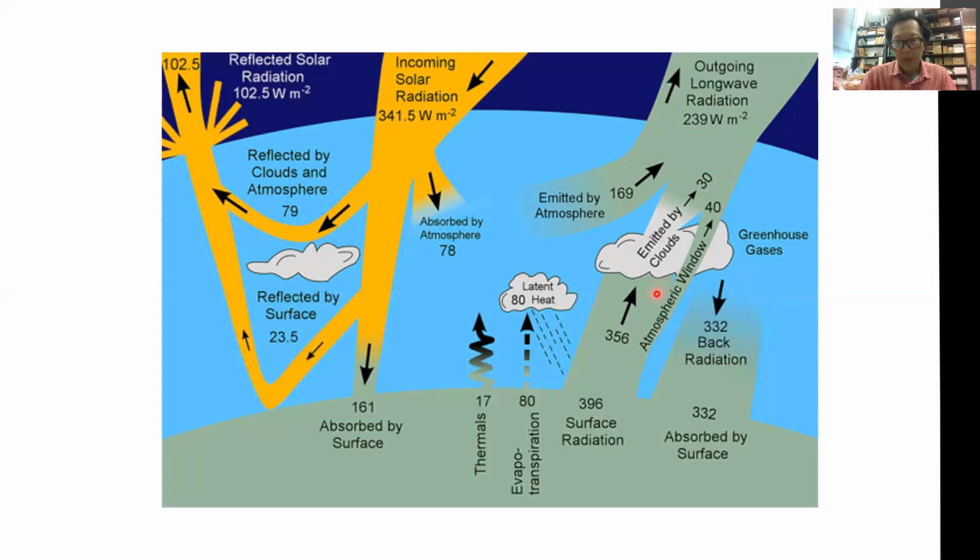And so it becomes a balance between how much sun is coming, how much is being reflected, and then how much has been absorbed, and then how much of this infrared radiation is absorbed by the greenhouse gases and how much goes out. And the greenhouse gases themselves are controlled by the global carbon cycle of our planet, which is related to, well, today we have fossil fuel burning, but in the past it's related to life.